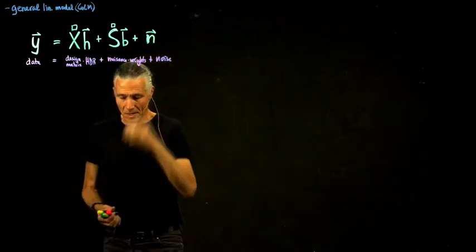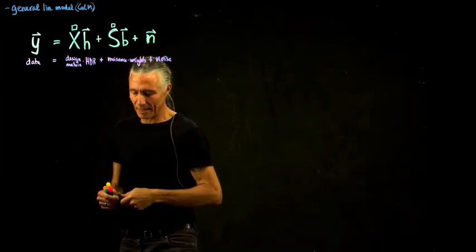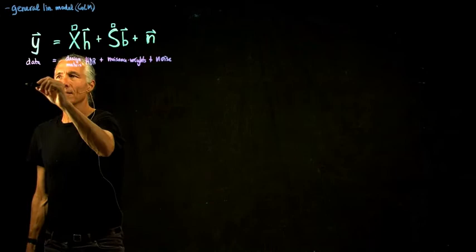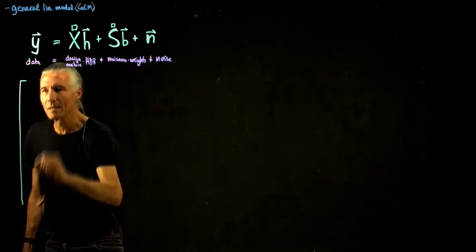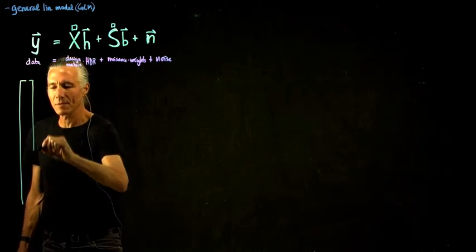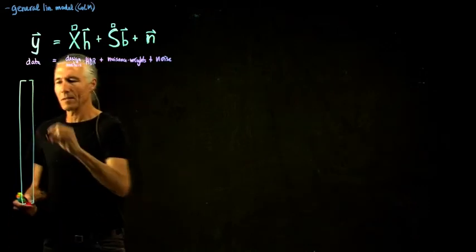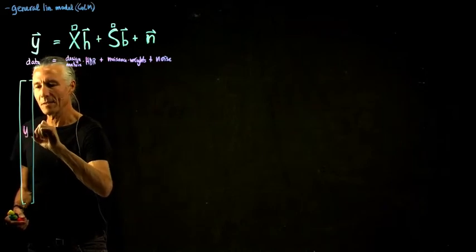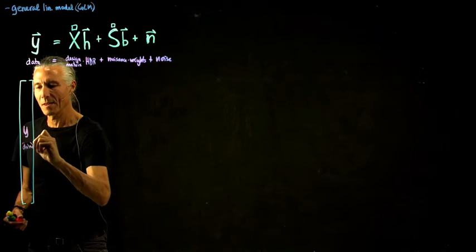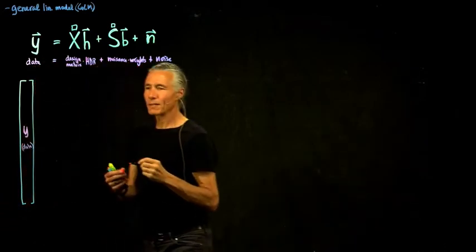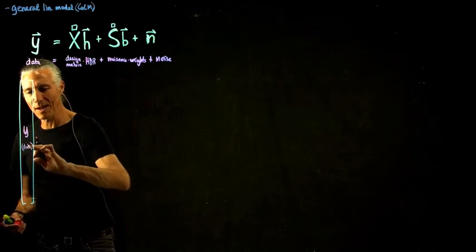So what does it look like when we draw it out as matrices? So here's the data. We didn't mention anything about brain images. We're just talking here about one voxel, okay?